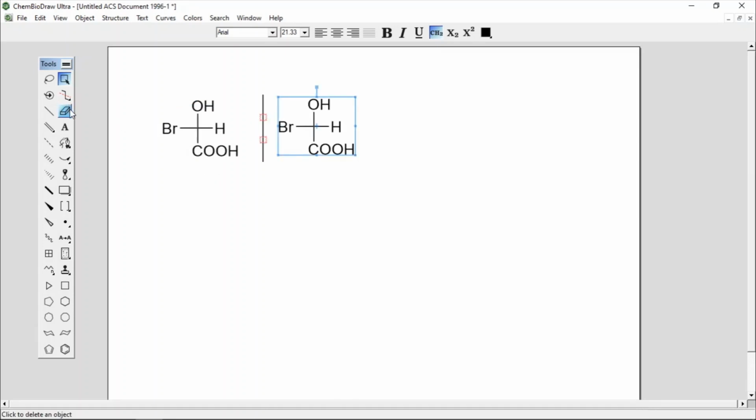Okay, now I will give you an example, and you have to find out whether they are enantiomers or not. Now you have to tell me whether these two molecules are enantiomers or not.